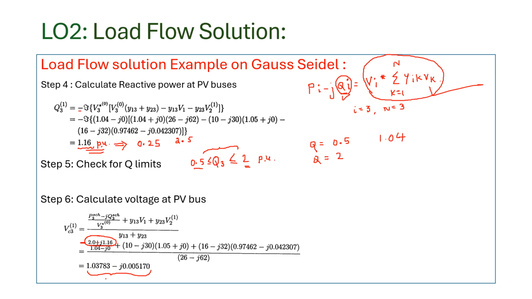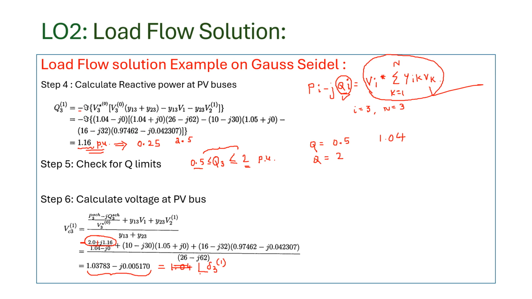And we got the voltage at this bus as 1.0387. Now if you convert into polar, we get the magnitude as 1.04. For the angle, we have to consider only the angle. So that angle is delta 3 of 1, that is, after the first iteration. So this is how we have to consider a PV bus in the load flow solution.